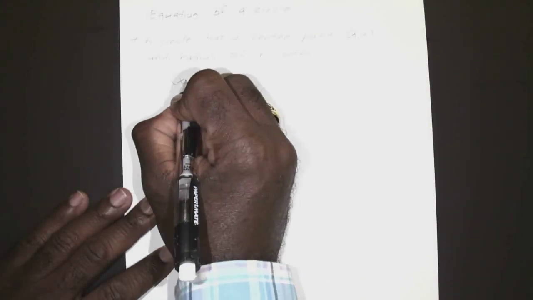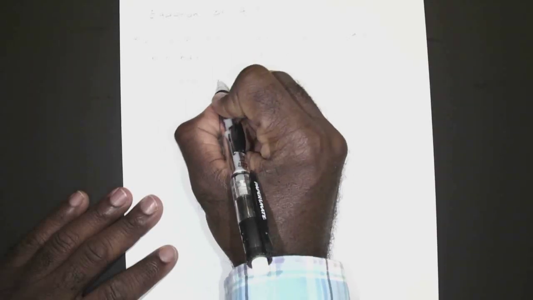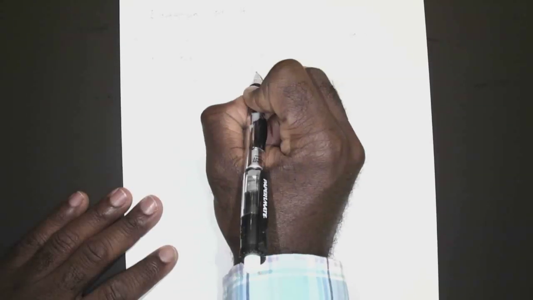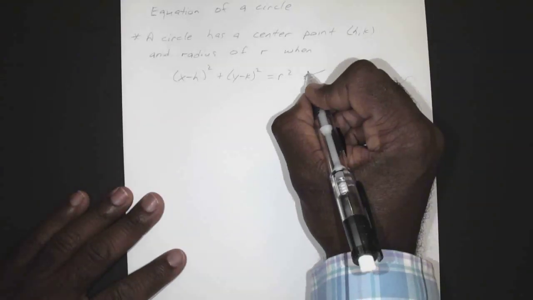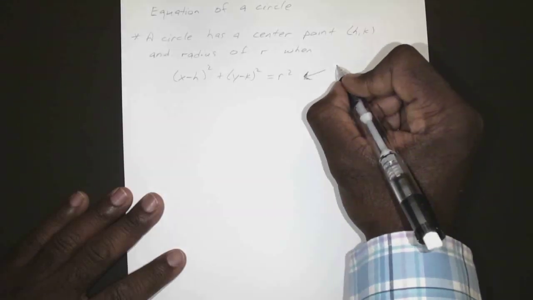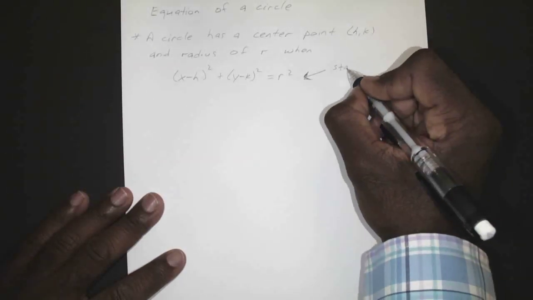When (x minus h) squared plus (y minus k) squared equals r squared, this is the standard form for the equation of a circle.